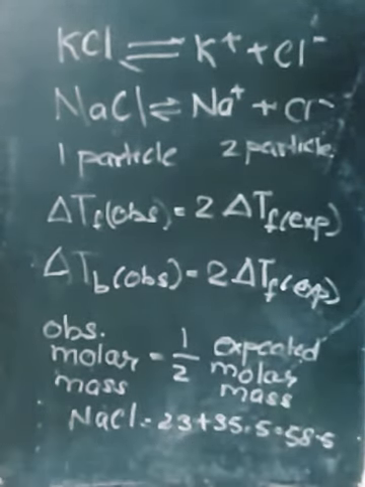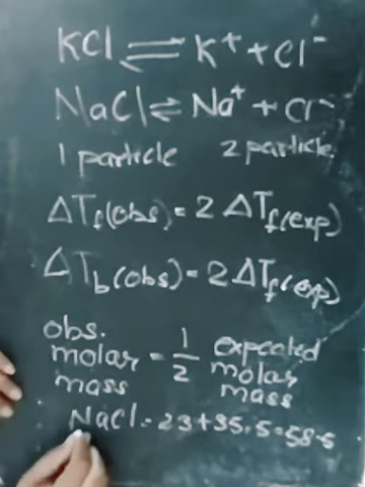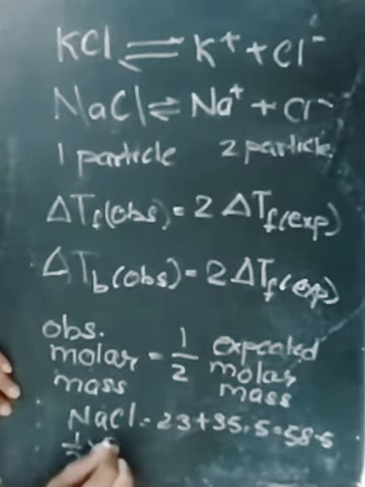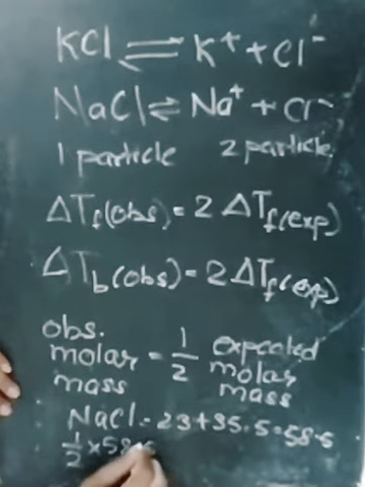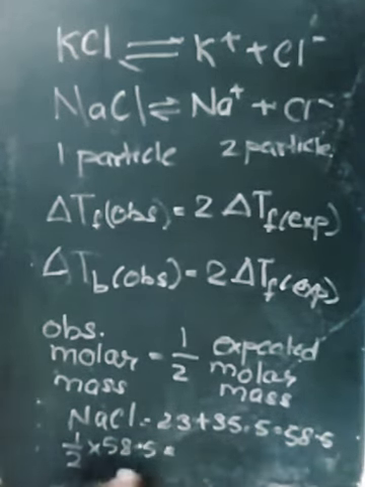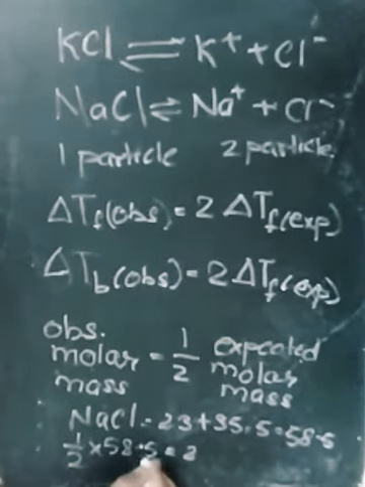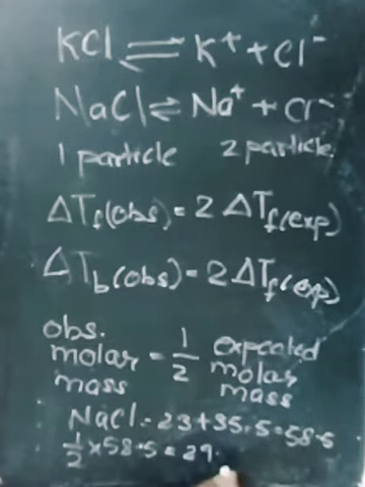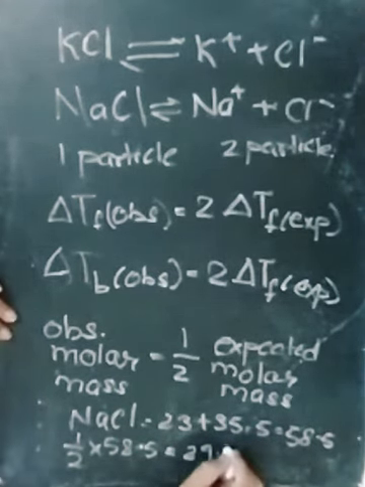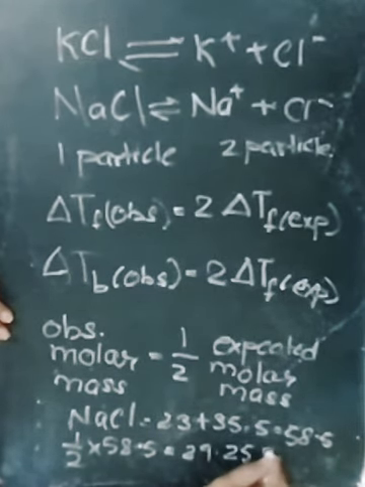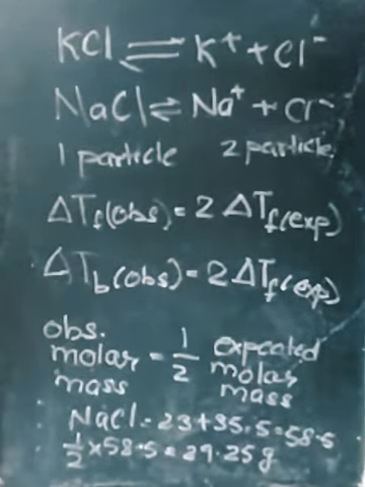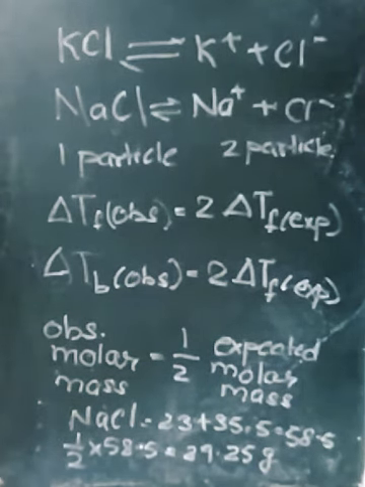So we will find the observed value will be half of 58.5, that is 29.25 gram. So in solution the molar mass will be decreased due to dissociation. It will become half for KCl and NaCl.